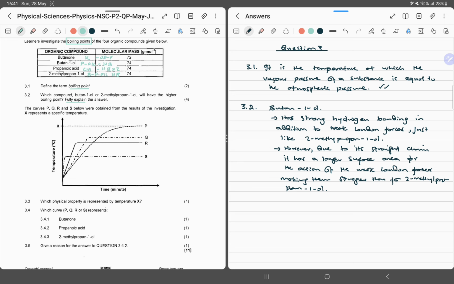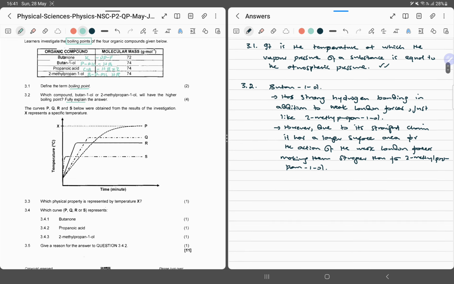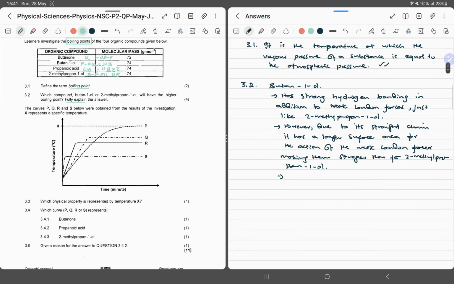Okay, the only difference is the London forces between the two, therefore more energy is required to separate the molecules.